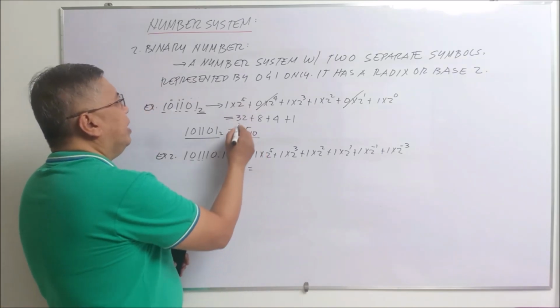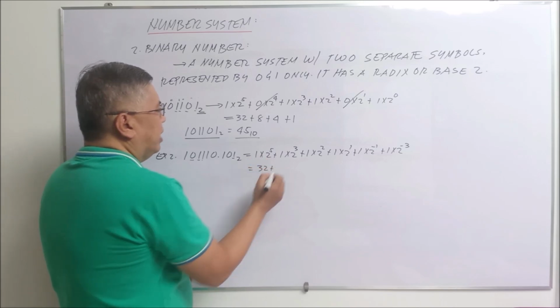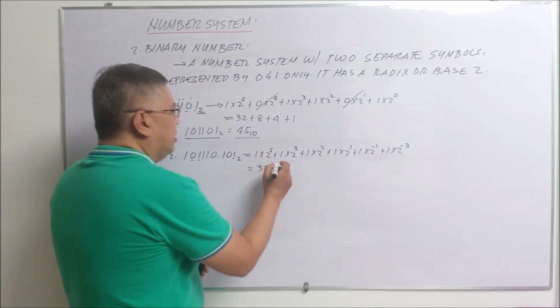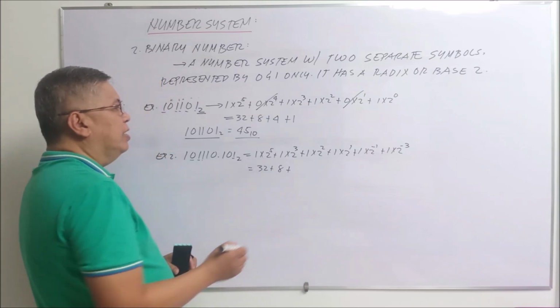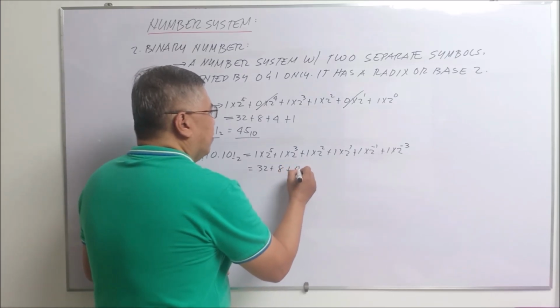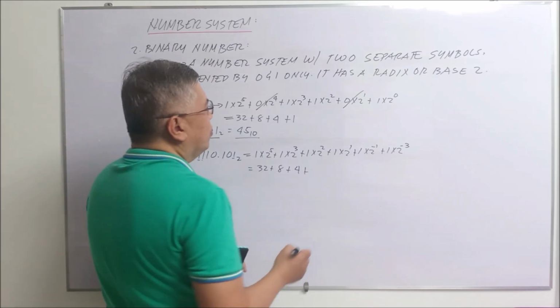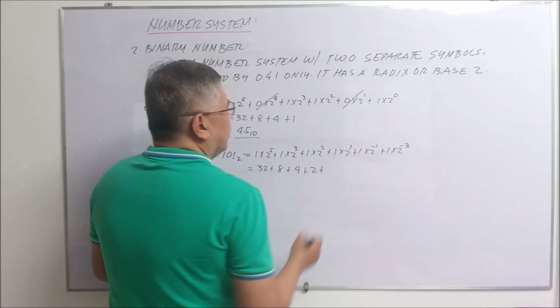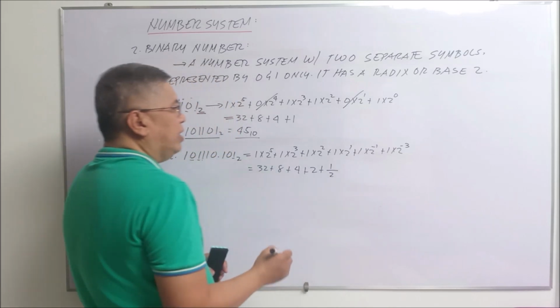So this will be: 2 to the 5 is 32, times 1 is 32. Plus 2 to the 3 is 8, times 1 is 8, plus 2 to the 2 is 4, times 1 is 4, plus 2 to the 1 is 2, times 1 is 2, plus 1 half, 1 over 2, correct?